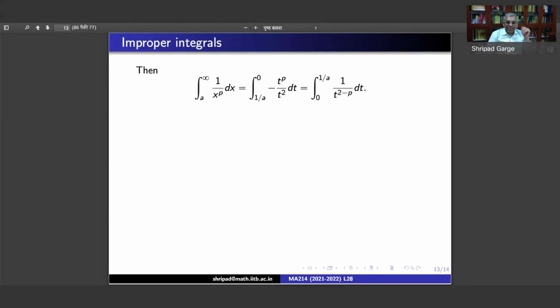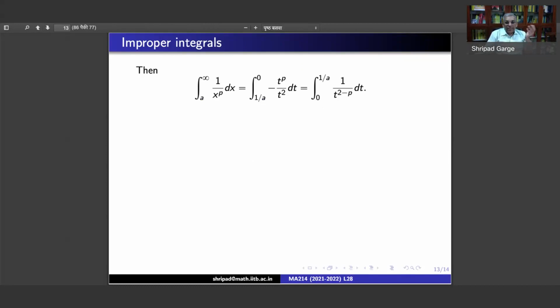And so we have the integral A to infinity, which is the same as integration 1 upon a to 0, because you have substituted x going to t inverse. Because a is assumed to be positive, you finally have integration 0 to 1 upon a of 1 upon t to the minus 2 minus p dt.